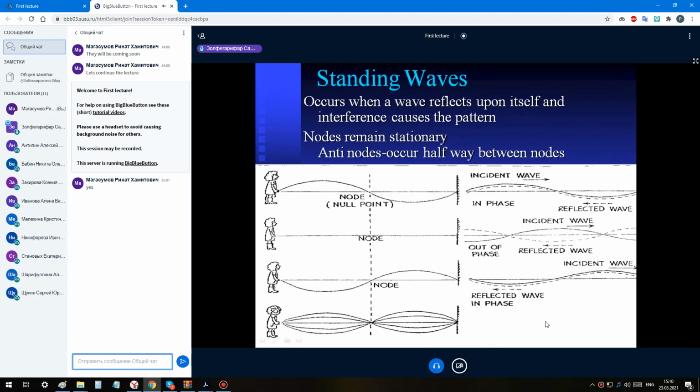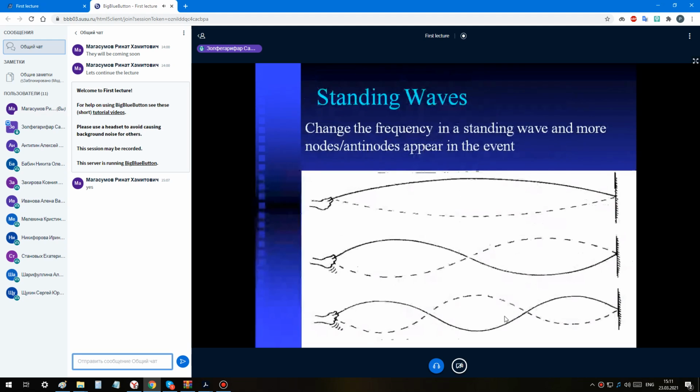You can see when the waves are in the same phase they give reinforcement, and when out of phase they give cancellation. It shows the reflected wave and the incident wave in the schematic shape.